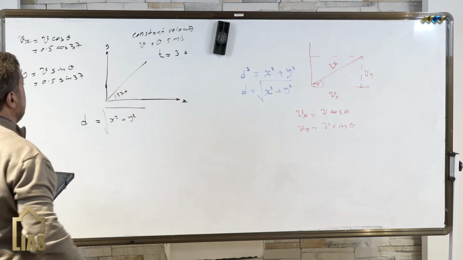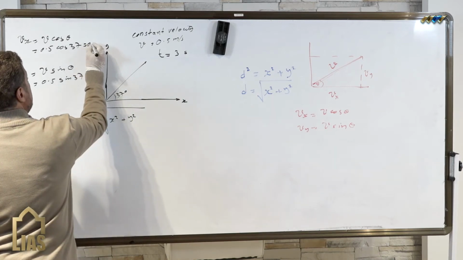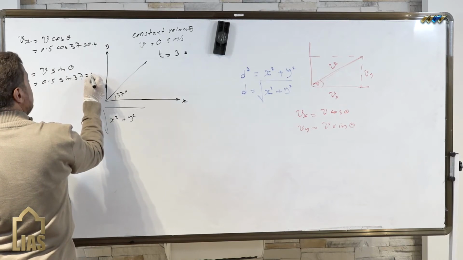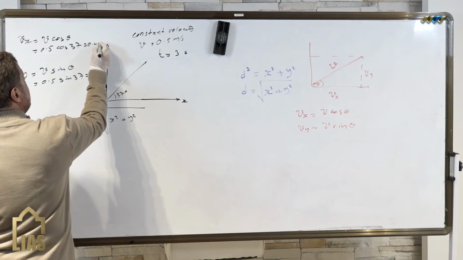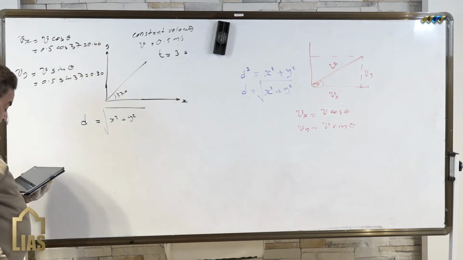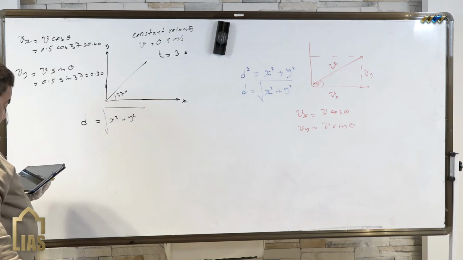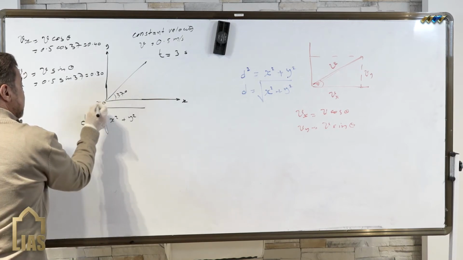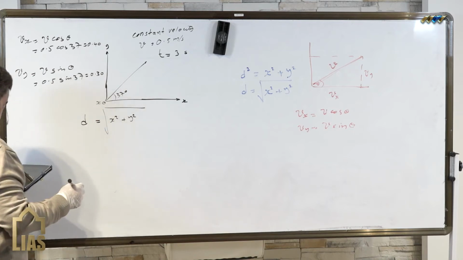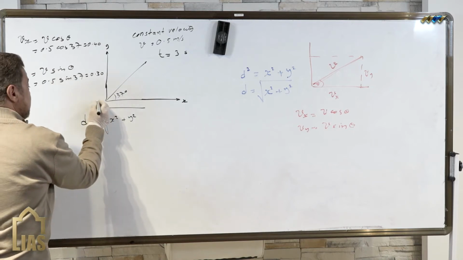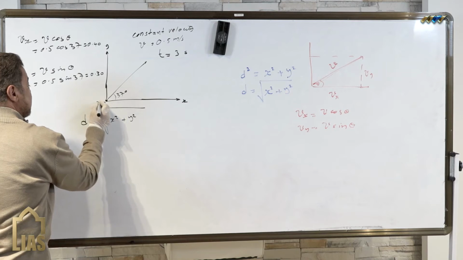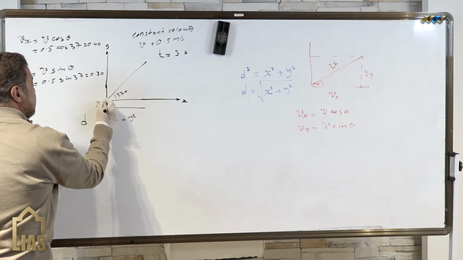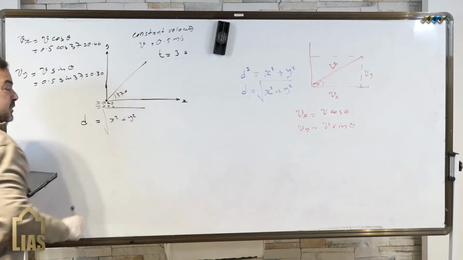That will give you 0.4, and this will be 0.3. Now, taking x0 as 0 and y0, all starting here. x0 is equal to 0 and y0 is equal to 0. This is the origin, the point of origin.